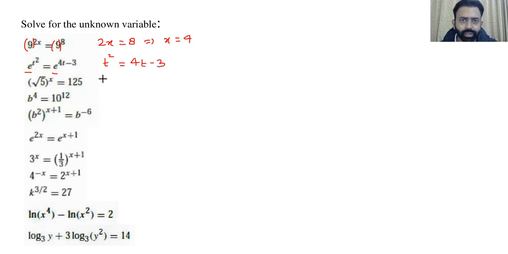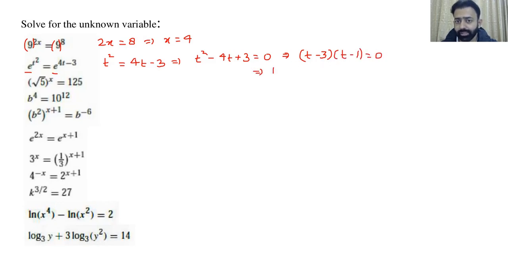Now this is a quadratic equation, so let us try to solve this. t square minus 4t plus 3 equal to 0. This we can do using factorization. This can be written as t minus, I think the factors will be 3 and 1, right? So t minus 3 and t minus 1 equal to 0. So the solution is t is equal to either 1 or 3.